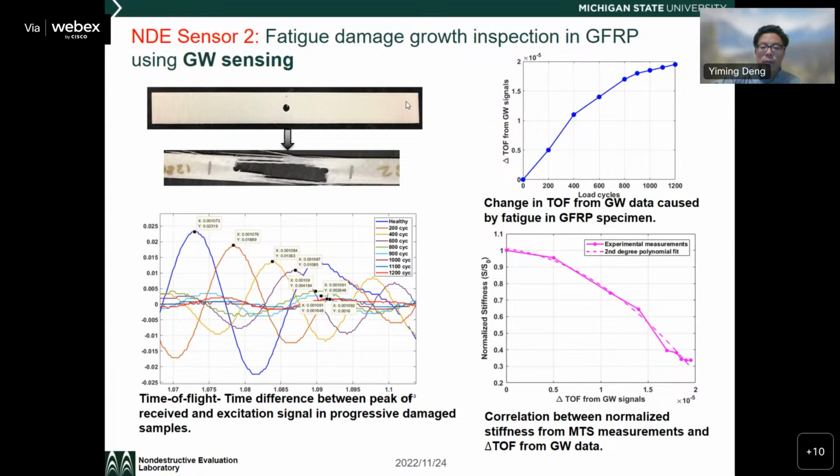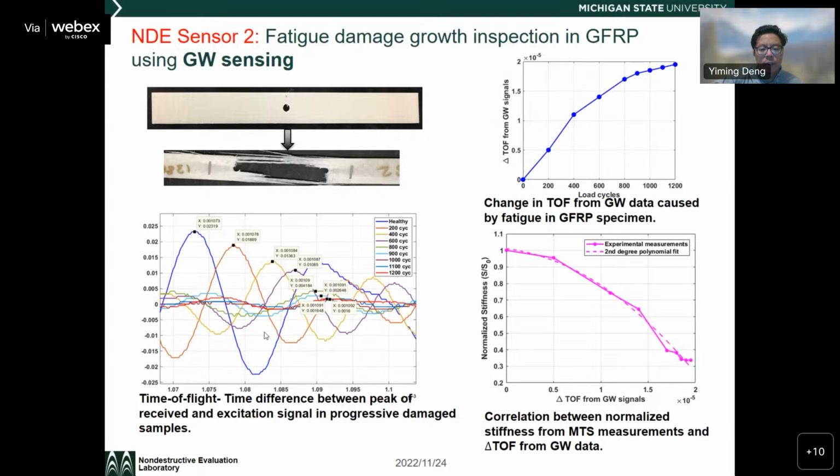One advantage of using this OTS and guided wave sensing is that everything can be done in situ. In situ means that this can be done in line and in real time. So you can have this damage monitoring while you're doing the fatigue loading cycles.